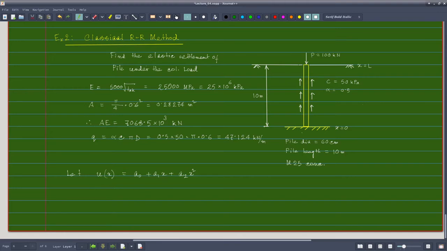Now I know that at x equal to 0 my u is 0, therefore u0 equal to 0 gives me a naught equal to 0, and hence I have u equal to a1 x plus a2 x square.